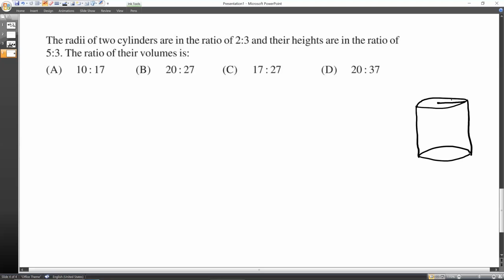This is called R. This is H. So we are just going to write the volume. Volume of cylinder is pi r square H.